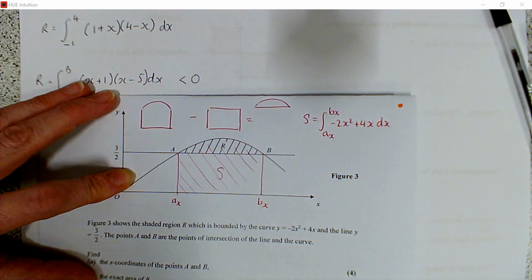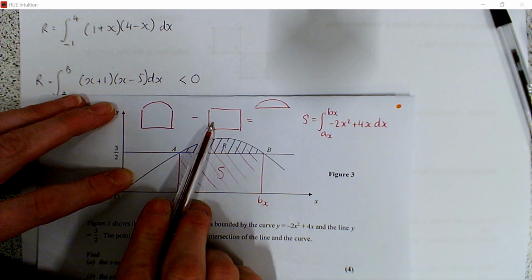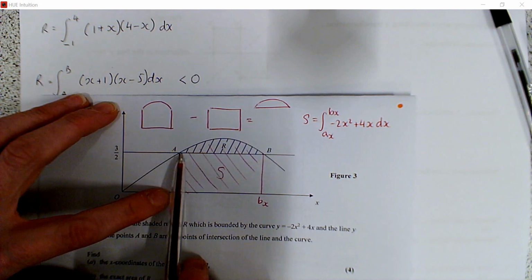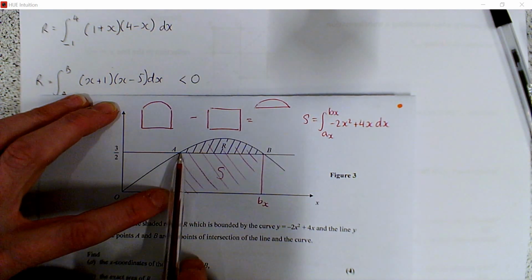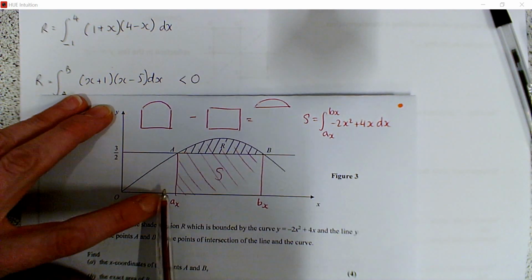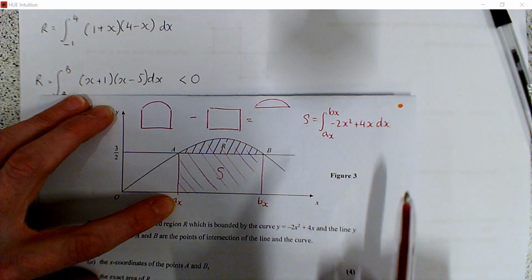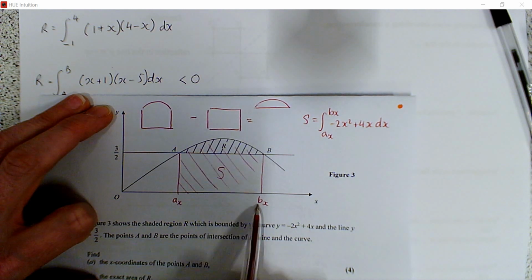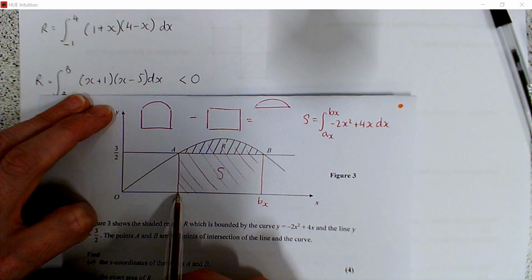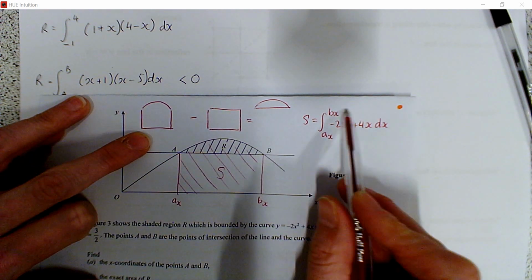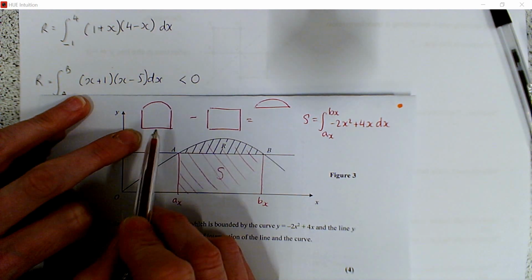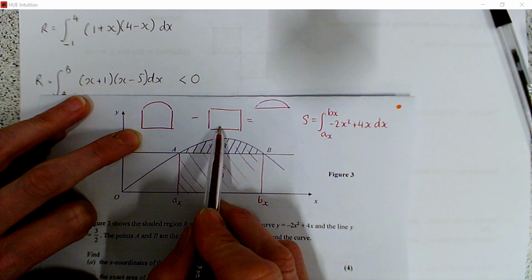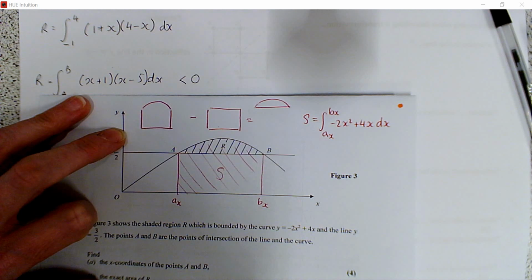Okay, so for this I could integrate this horizontal line, which is y equals 3 over 2 from here to here, or I can just find the area of the rectangle. So I'd find the distance times the height, and then I'm doing the integration for the curve, take away the base times the height, and that leaves me with what I want.